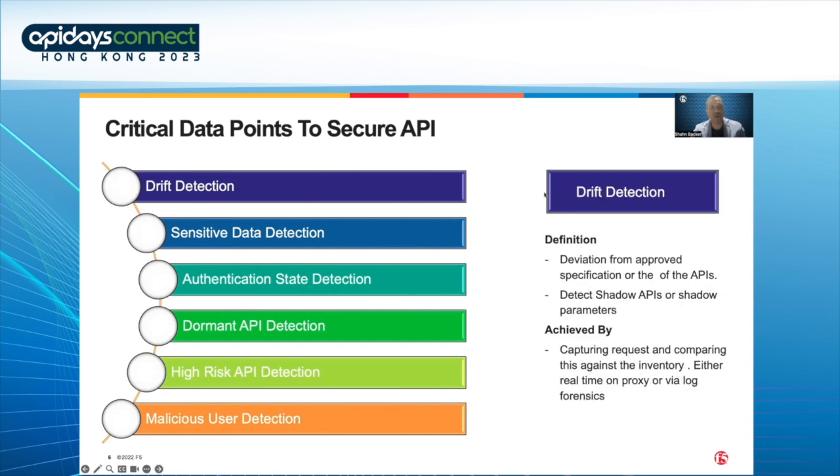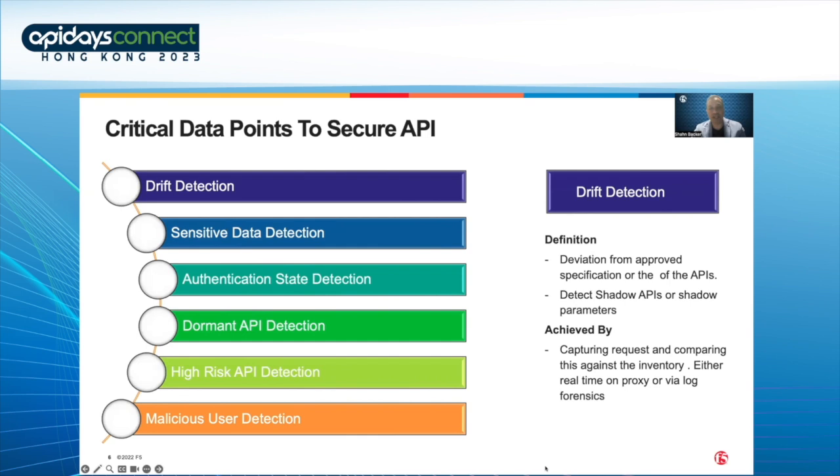Let's start with the first one, drift detection. So what is drift detection? Every organization, when onboarding onto an API security journey, would like to start somewhere with an inventory. This is basically a list of approved APIs.